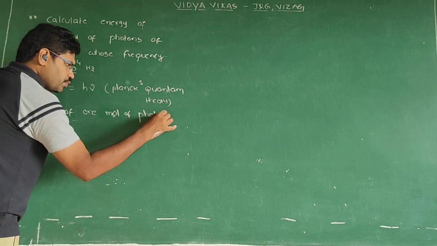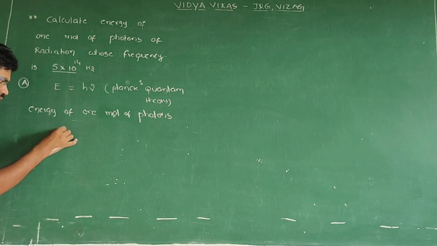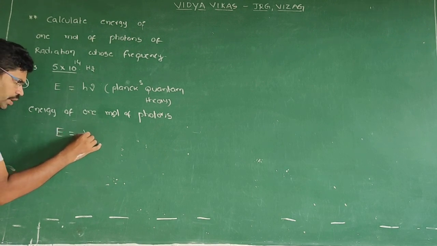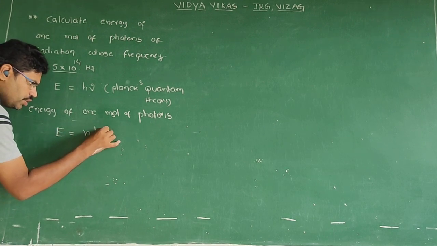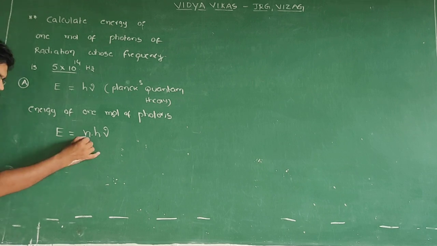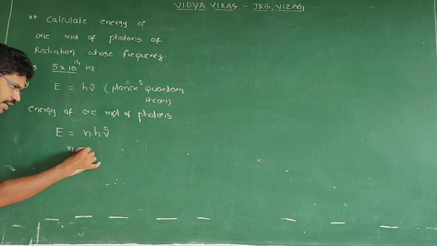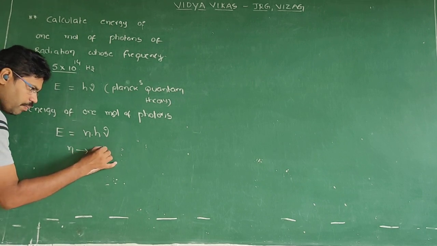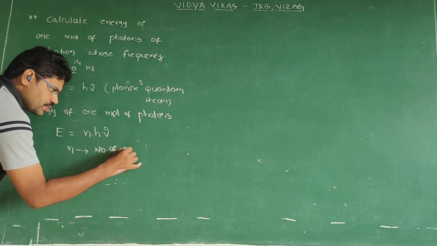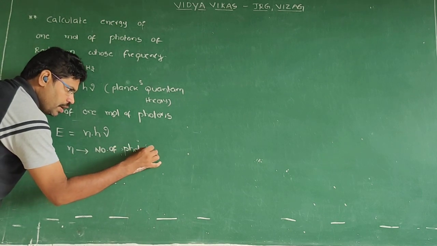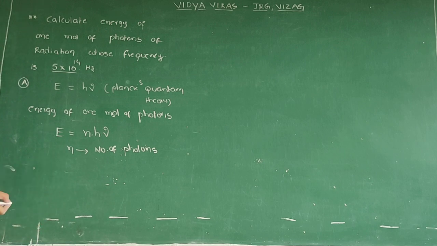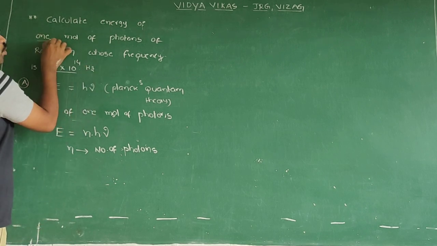Dear students, we know the formula very well. E is equal to N h nu. What is N, sir? Here N is nothing but the number of photons. But the question gives an idea: 1 mole of photons.